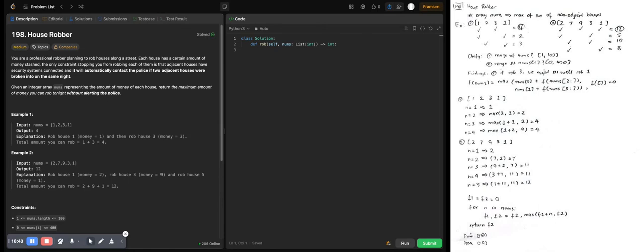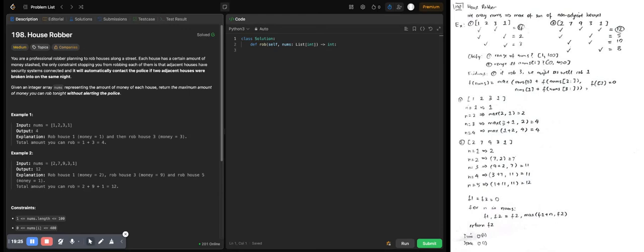Example 1, we have F1, F2 set to 0, and then F1 would be 0, F2 would be 1, and in the next iteration, F1 is gonna be 1, F2 is gonna be 2 or 1, which we take 2, and then n3 we take 1 plus 3, or it could be 2, and in this case we take 4.